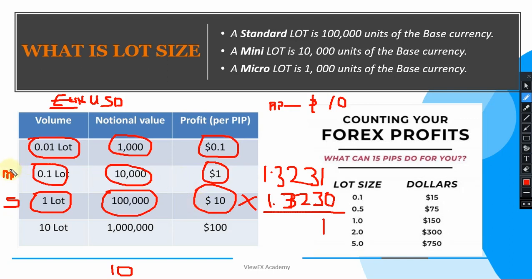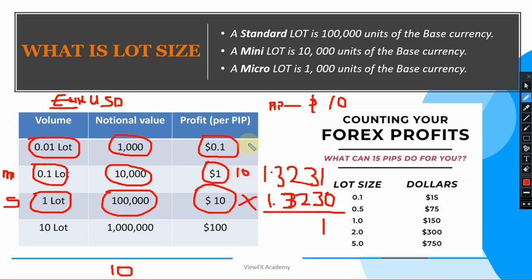Then if you have $10 and you're trading the mini lot size, some brokers will not allow you to place that trade, because 10 pips against you and your account is blown.